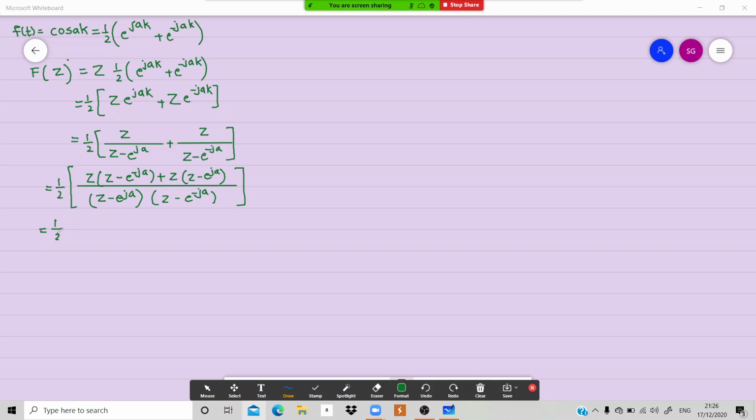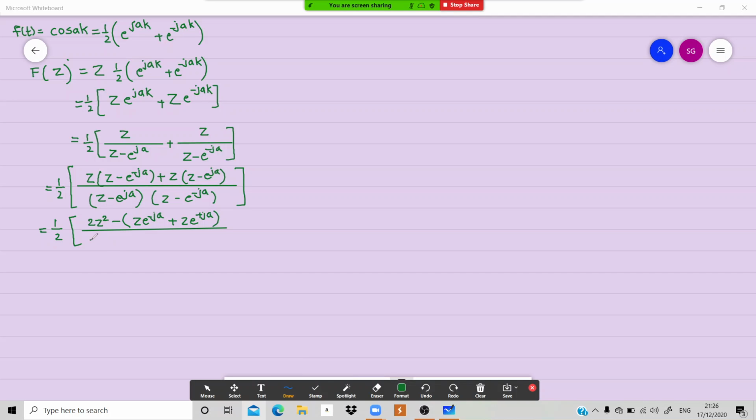So half. You can see over here z square and z square, twice, so I'll write 2z square, minus, both the terms are having minus sign, so I'm taking common, z e raised to minus ja plus z e raised to plus ja, upon the expansion of this.